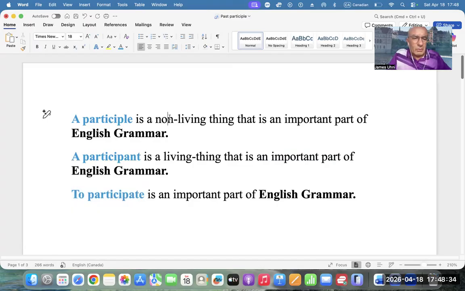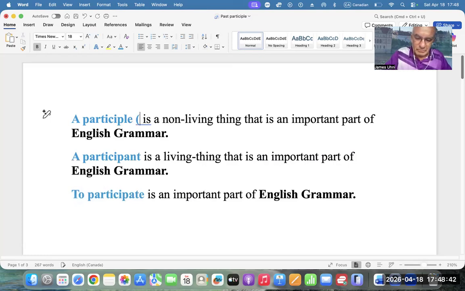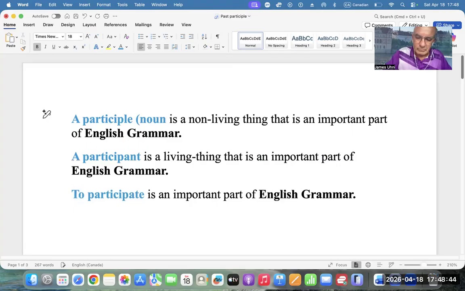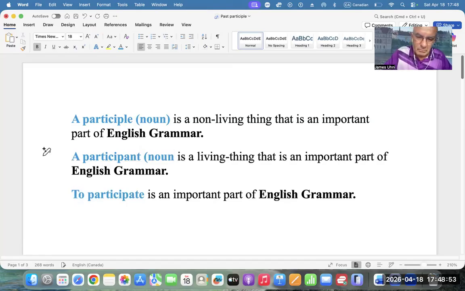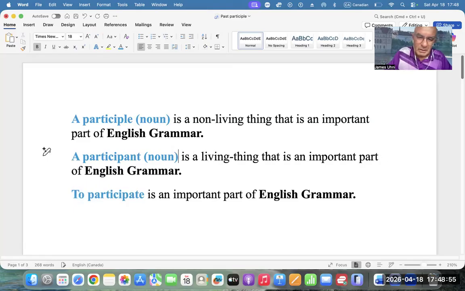And so, we have a participle, which is a noun. A participant is also a noun. I write only noun without article. To participate is infinitive. What is infinitive?